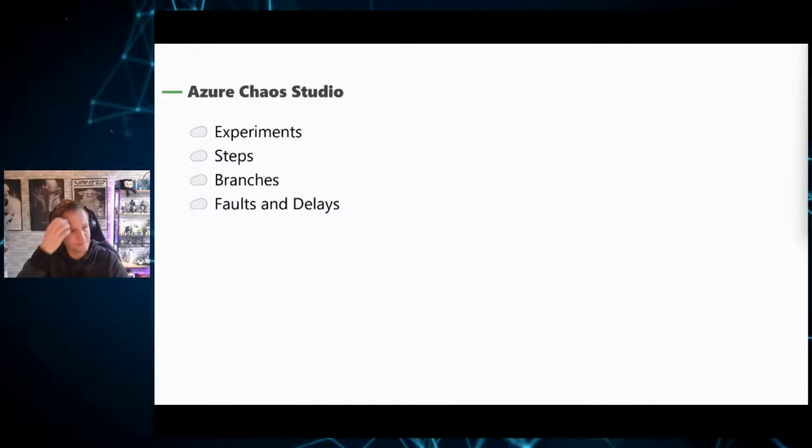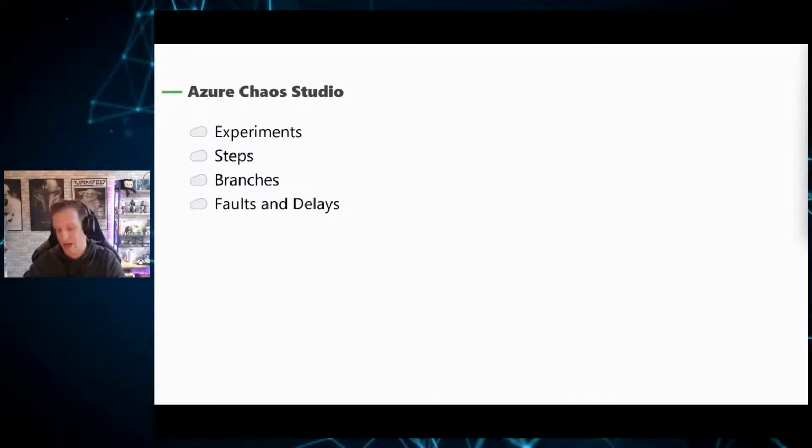We're going to do that in a demo as well. Let's say I want to change a network security group and I want to change 2 rules at the same time. I would create one experiment with 1 step and then 2 branches, one that will disable port 3389 and one that will disable port 80, and they will run at the same time.